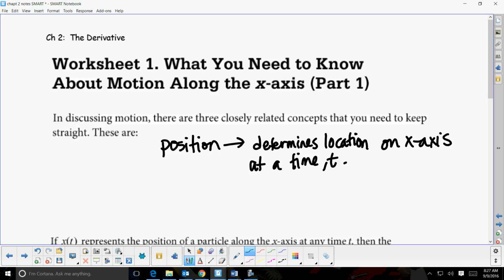So it determines the location on an x-axis at a time t. Then we have our velocity. Determines how fast the position is changing. Okay.